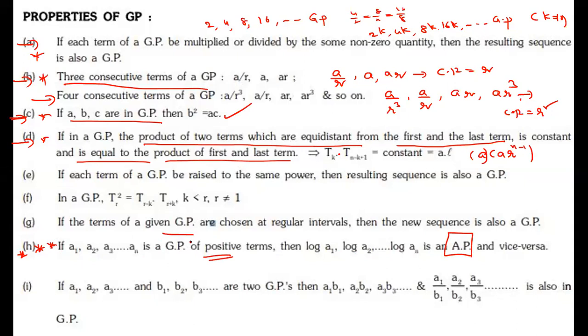And vice versa: if log A1, log A2, and so on are in AP, then A1, A2, and so on are in GP. That's why I'm keeping triple star. If two sequences are in GP, then A1 B1, A2 B2, the product of their corresponding terms is also in GP.